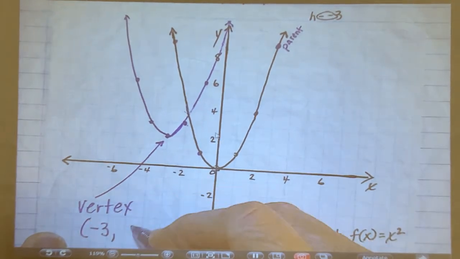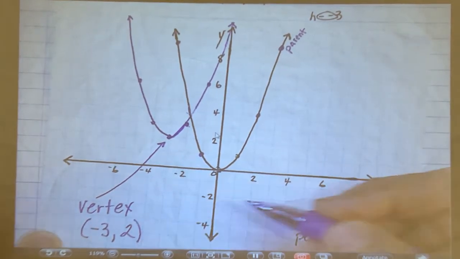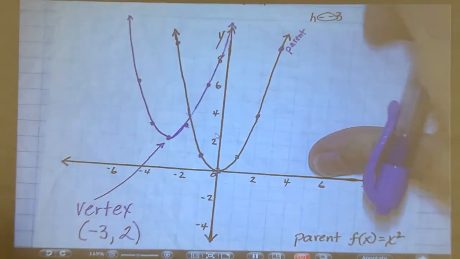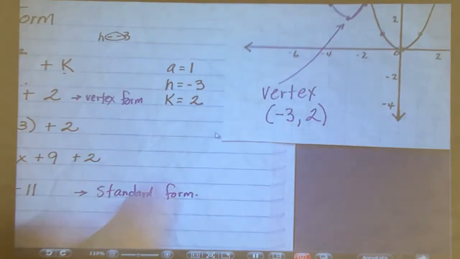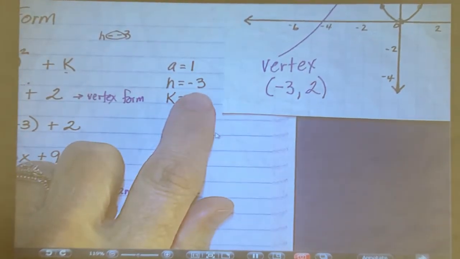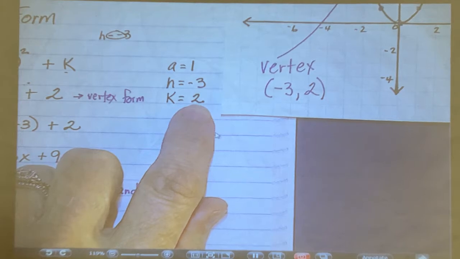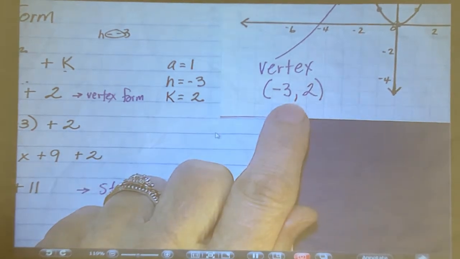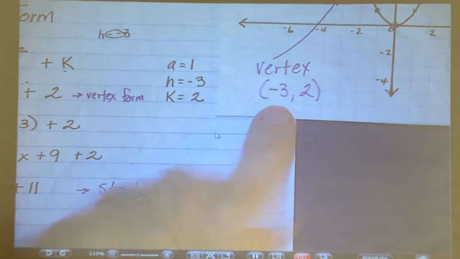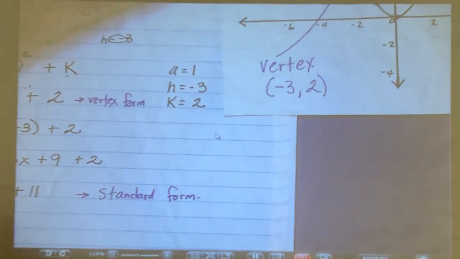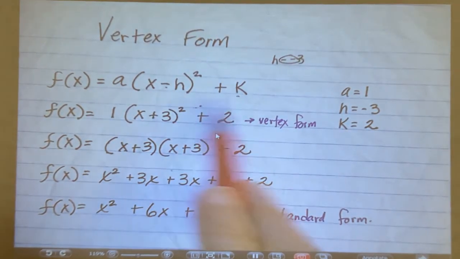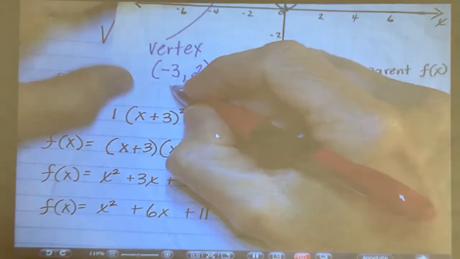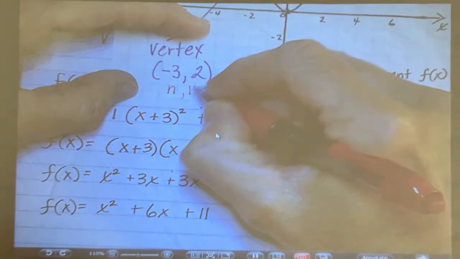Now, those numbers should look familiar because earlier in this given information, I told you that the h value was -3 and that the k value was +2. Do you see how it matches up? That's important to take note of, and one of the main reasons I even went through this process was to show you that the vertex is found in the vertex form right here in the place of h and k. So right here I'm just going to write h, comma, k.